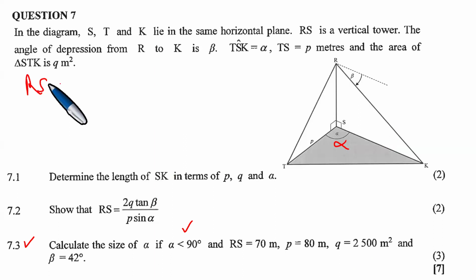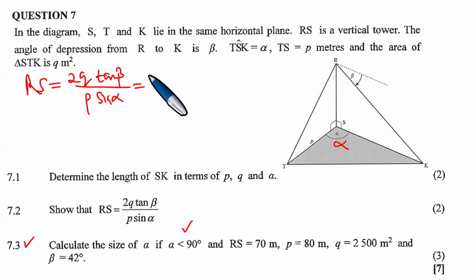RS is 2Q tan beta divided by P sine alpha. What is our Q? We have that Q is 2,500.